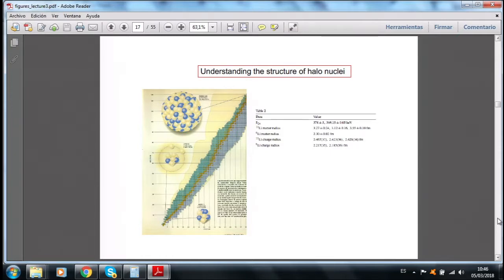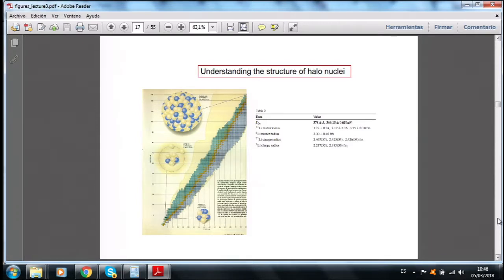So these nuclei show what has been called since then a halo structure. This is a large structure, but with a very low density because it contains only 2 neutrons in the case of lithium-11.